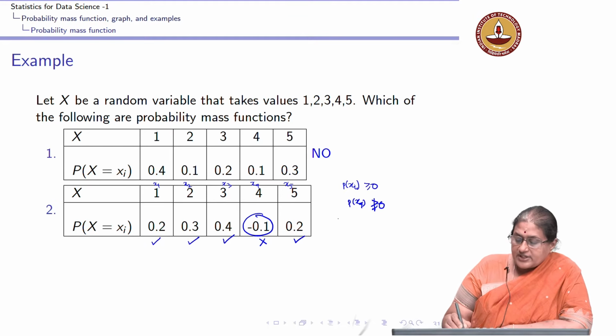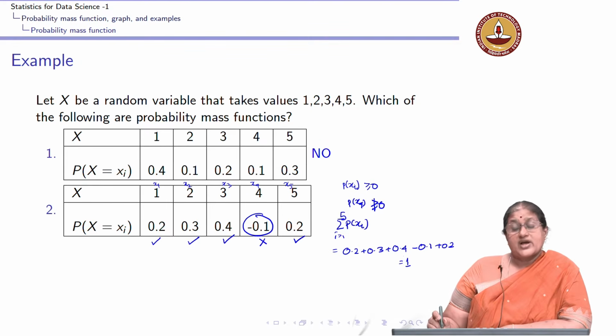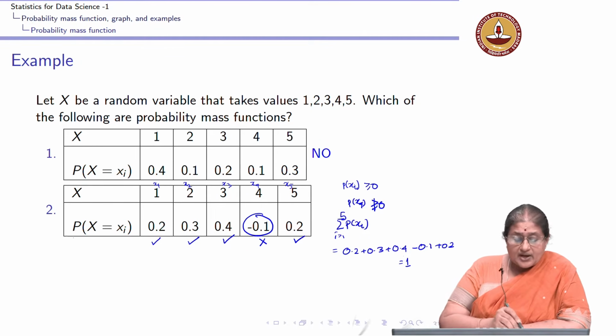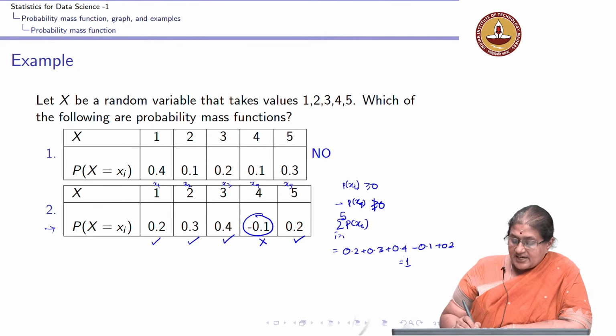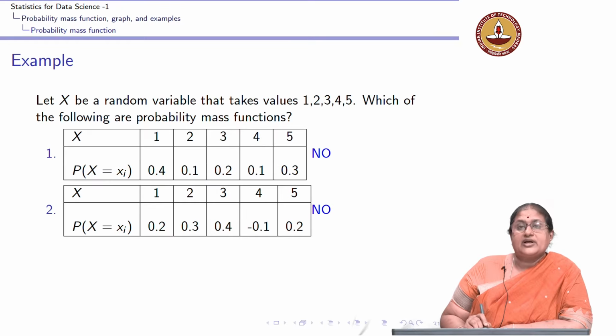However, if you notice the summation of p of xi, i going from 1 to 5, it is equal to 0.2 plus 0.3 plus 0.4 minus 0.1 plus 0.2, and you can see that this is 1. So, I have a situation here where the function satisfies the second property but not the first property. Hence, because of this, it is not a probability mass function.